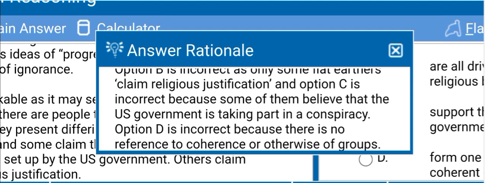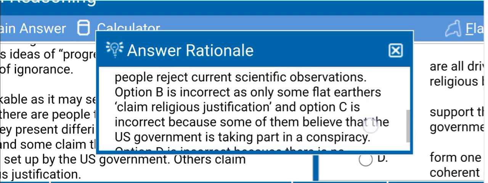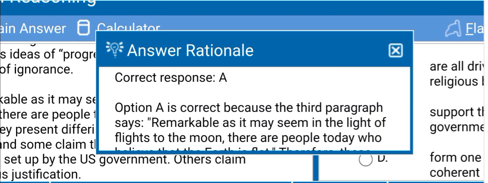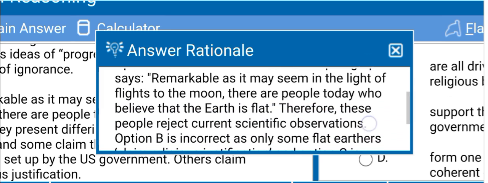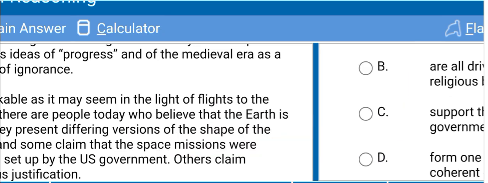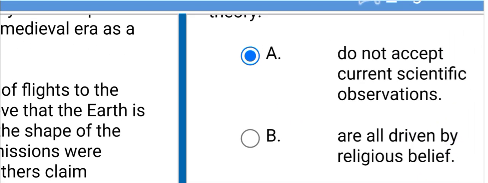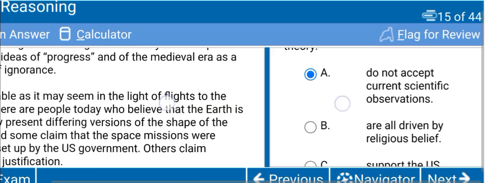Option D is incorrect, because there is no reference to coherence or otherwise of groups. So now you can see why option A is correct and why the other options are incorrect. So option A, do not accept current scientific observations, is the right option.